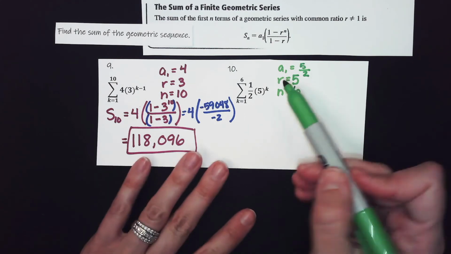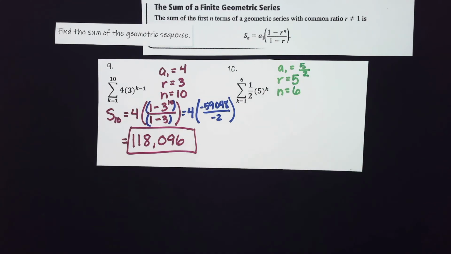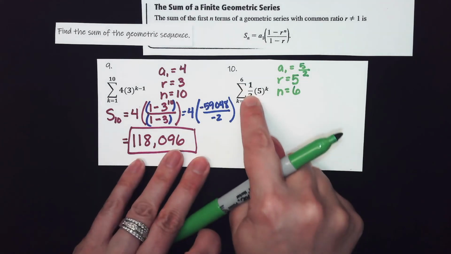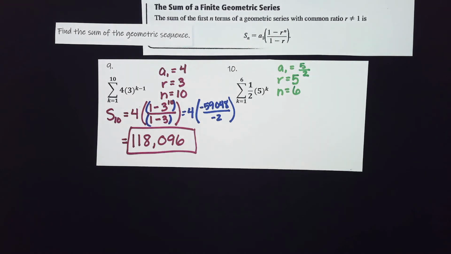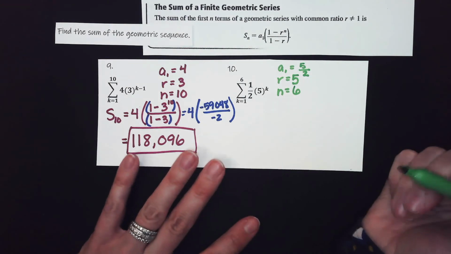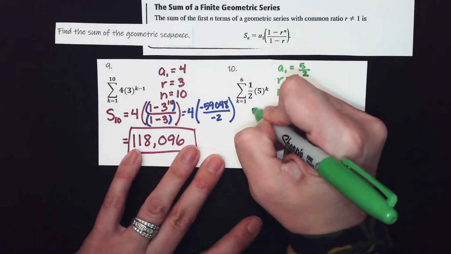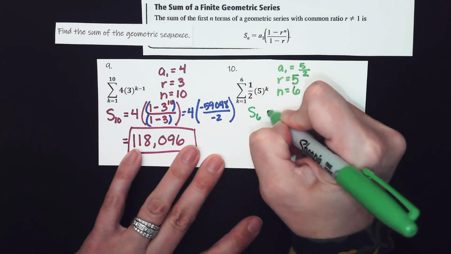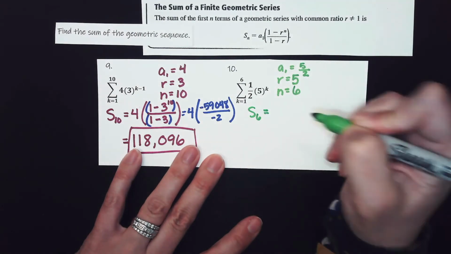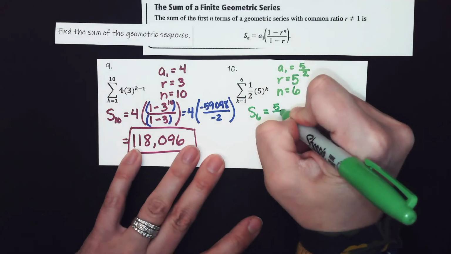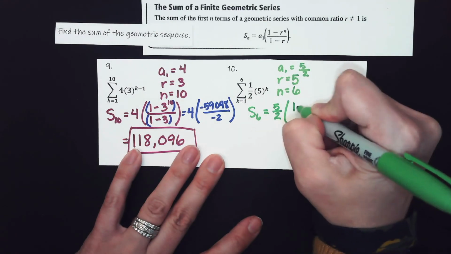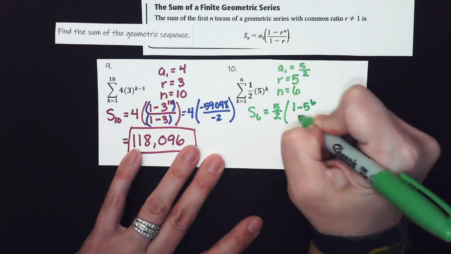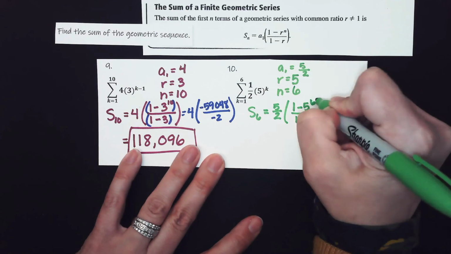Okay, so you just have to be careful if you do not have that N minus 1 or K minus 1 or I minus 1. You need to find the first term. That's when this part is no longer your first term. All right, so let's plug it into our sum here. We want the sum of the first 6 terms. It's the first term, which we found to be 5/2, times 1 minus r to the nth power over 1 minus r.